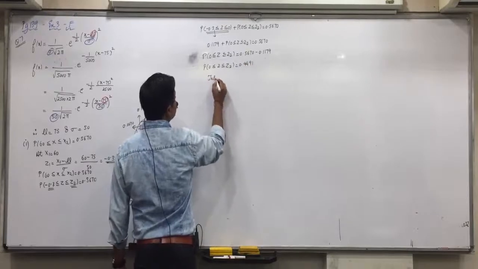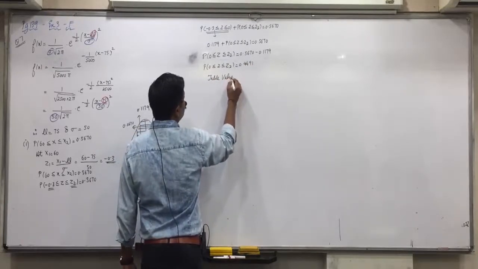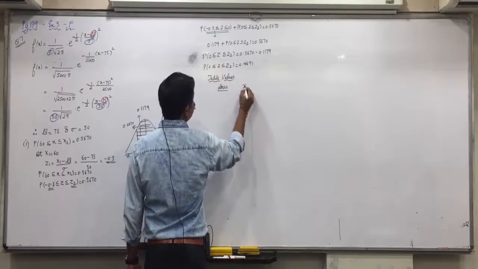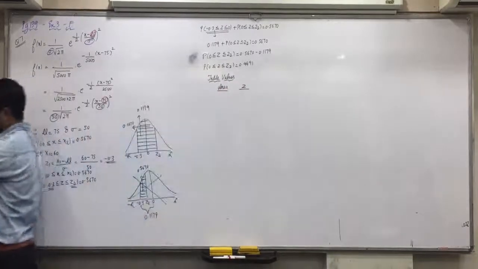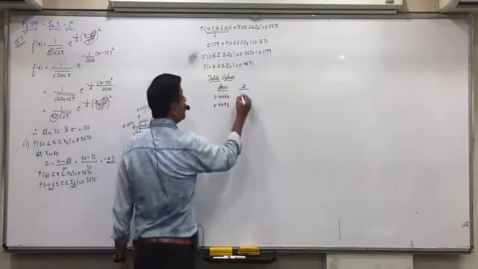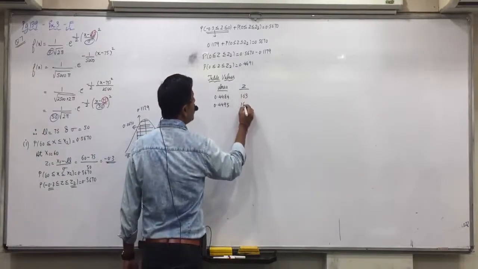Now table values, area and z. 4491 comes between 4484 and 4495. 4484 corresponds to 1.63 and 1.64 the other one. Do you all get this?